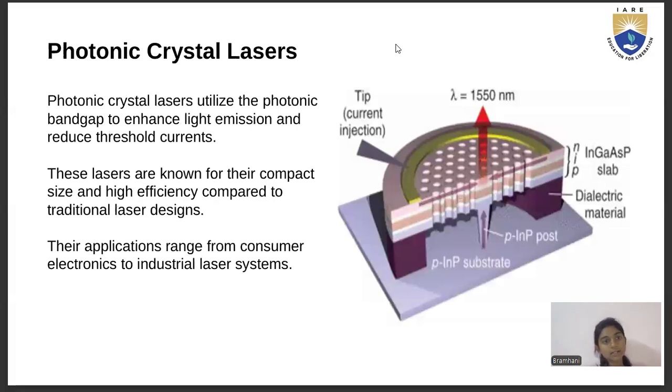Basically, in this slide, we can see lasers of photonic crystals. Photonic crystal lasers utilize the photonic band gap to allow more light emission and to reduce threshold currents. These lasers are known for their compact size and high efficiency compared to traditional laser designs.